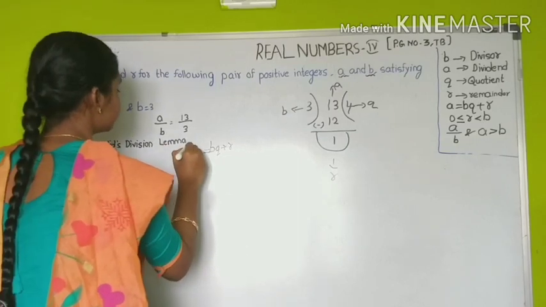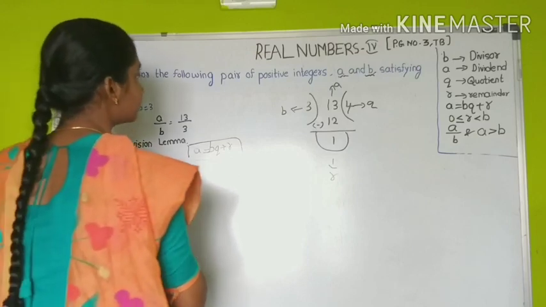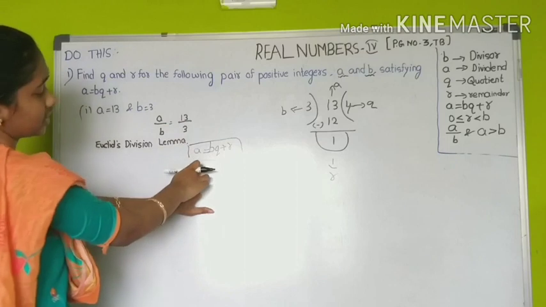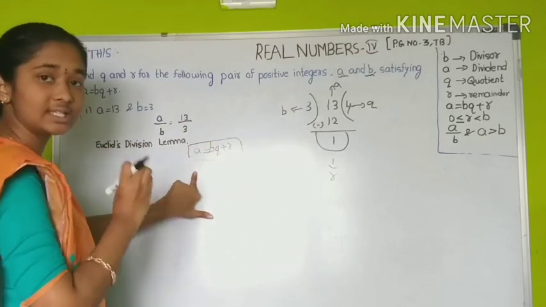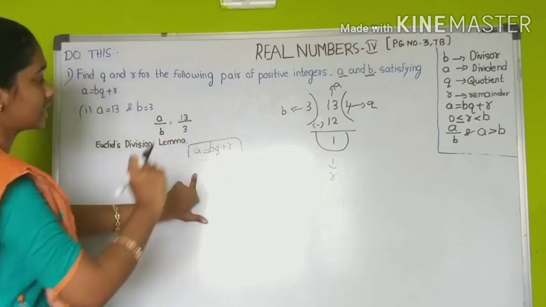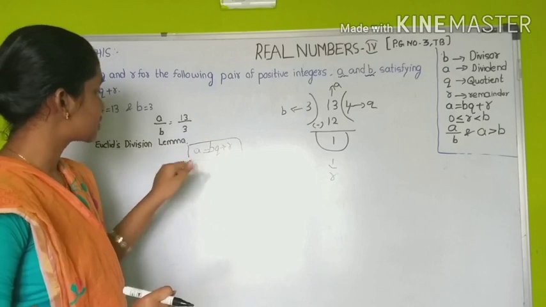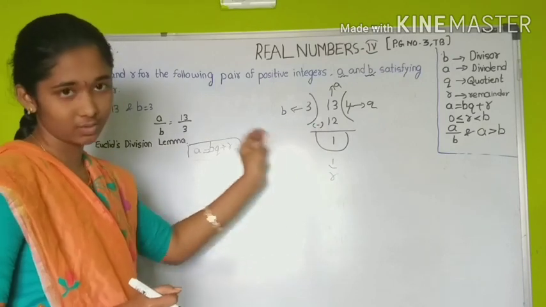Now they said the values should satisfy this condition, so we substitute these values in this equation to check. If the values of Q and R, A and B satisfy this equation, then our answer is correct. The value of Q is equal to 4, the value of R is equal to 1.